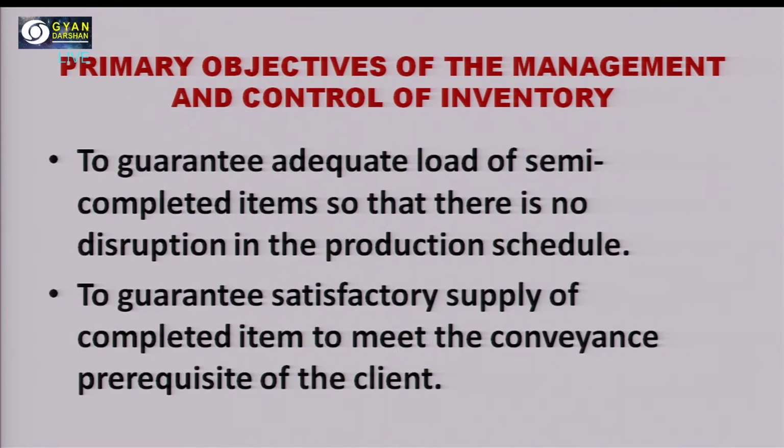Another objective is that because we have semi-completed items, just like work in process inventory, as I have given you the example of 4 or 5 work centers where we have decoupling inventory, we don't want disturbance at work center B, C or D. So that is also one of the objectives, that there should not be any disruption. So these are a few major objectives of inventory control and management.